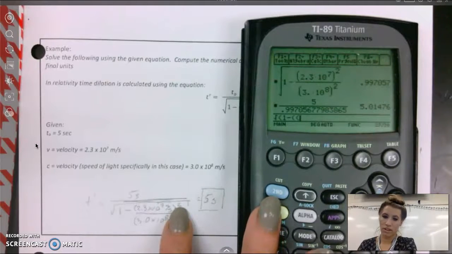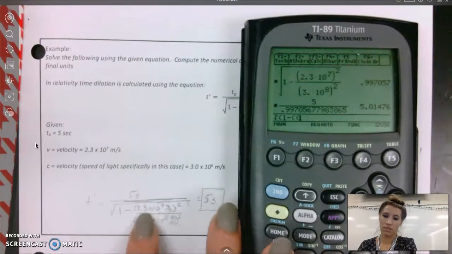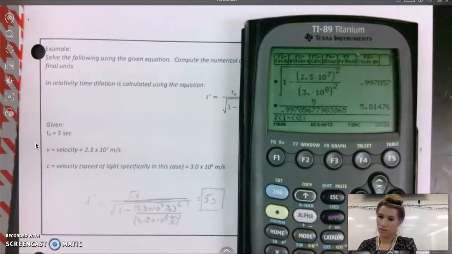Okay, and then I'm going to put a parenthesis for this scientific notation. And so I have 2.3 times 10 to the 7th, and that's going to be squared. Okay, and so there's the top of my fraction.